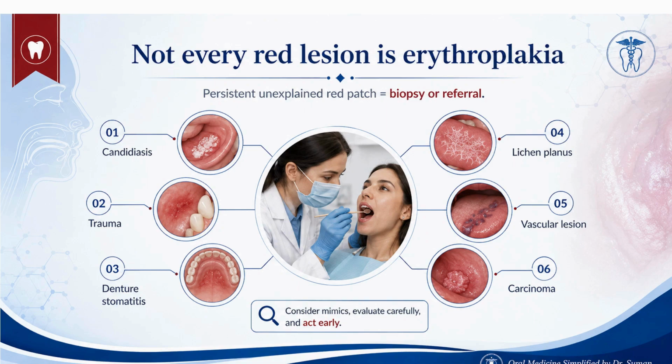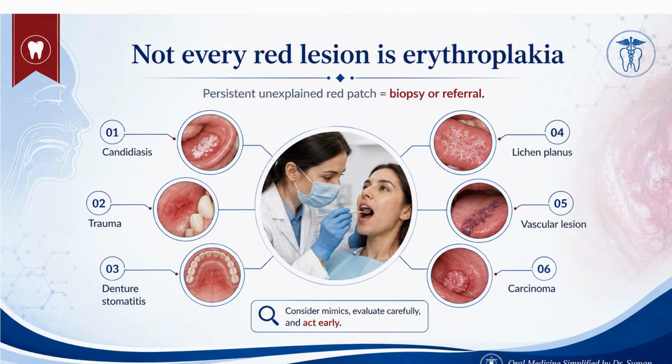Here we emphasize a very essential clinical point: not every red lesion is erythroplakia. A red lesion may be inflammatory, traumatic, infective, immune-mediated, vascular, or malignant. Therefore, the clinician must think broadly before assigning a diagnosis. However, thinking broadly should not become a reason for delay.